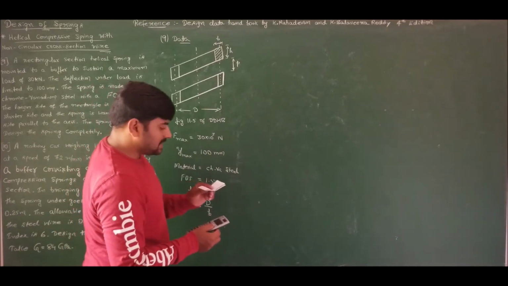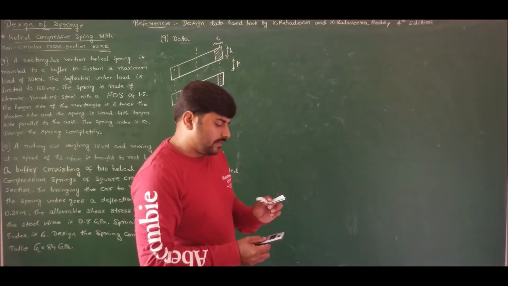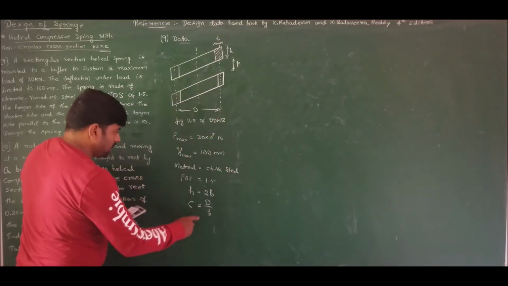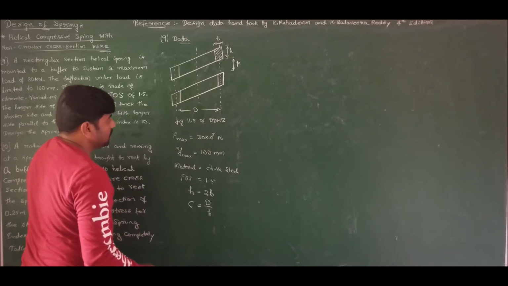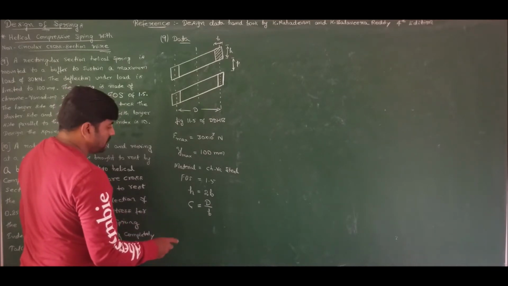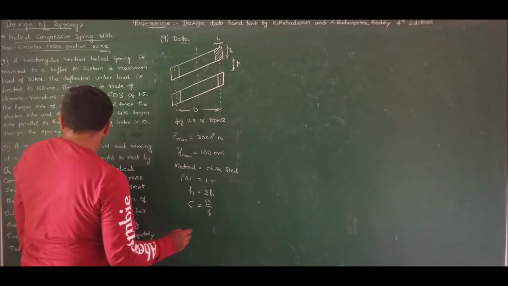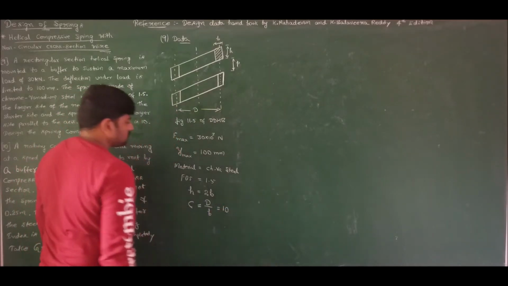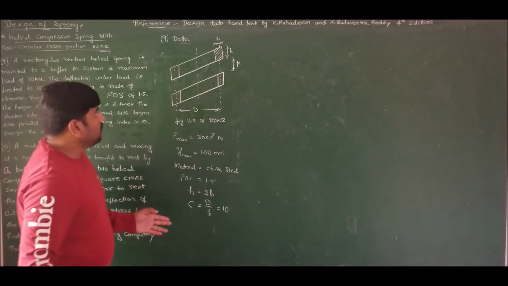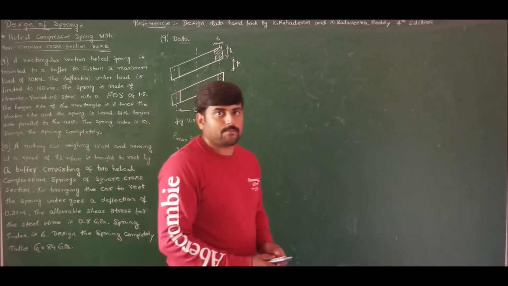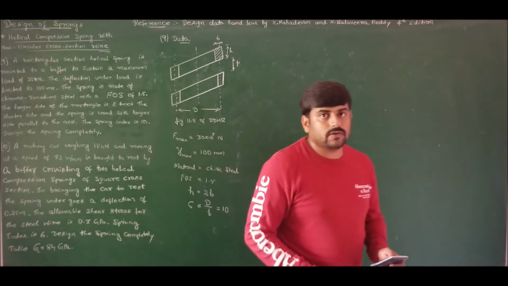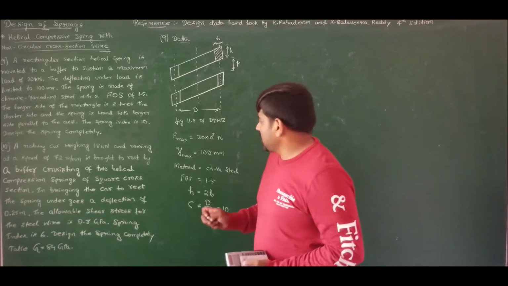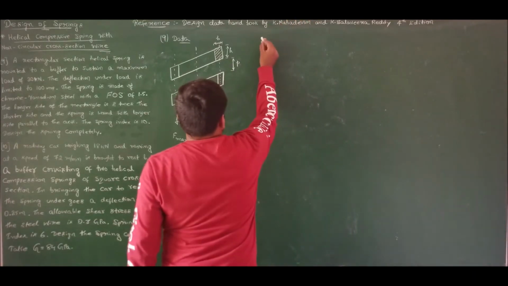You will come to know that spring index is defined by D by b, where b is less than H, which is true here. b is the shorter side, and the value of which is specified as 10. So this is the given data, and we have to design this spring completely. We know the procedure that we are going to employ to design helical compressive springs. Let us design this spring completely. Moving to the solution.